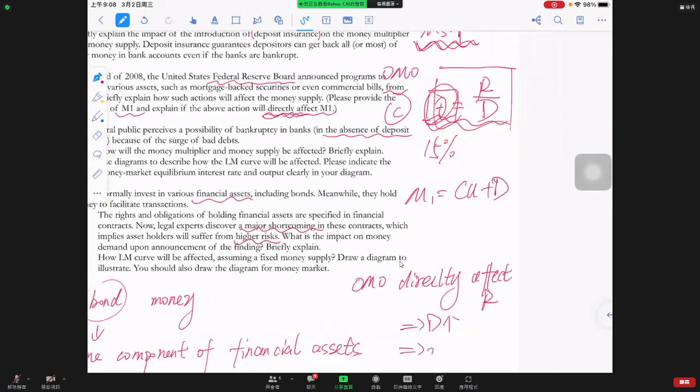So it indirectly affects M1. So R increased directly and D increased indirectly. So M1 is affected indirectly.